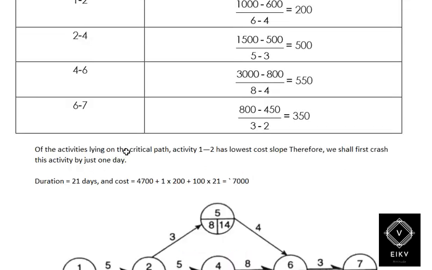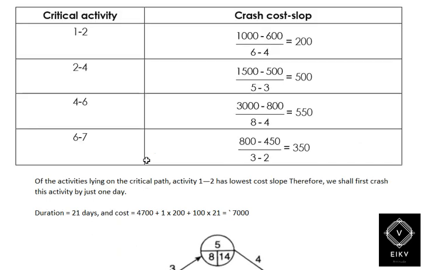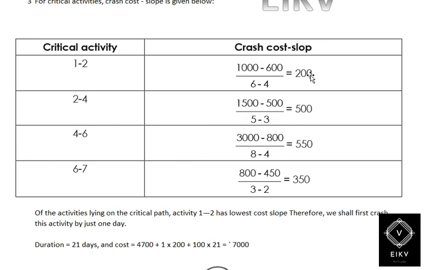Of the activities lying on the critical path, 1 to 2 has the lowest cost slope. Therefore, we can first crash this activity by just one day. So from here we should check which has the lower cost per day.